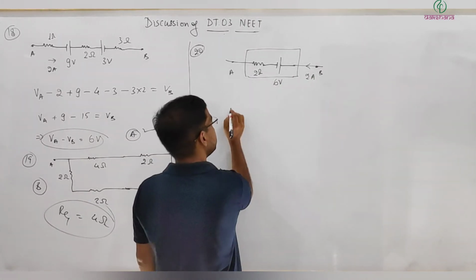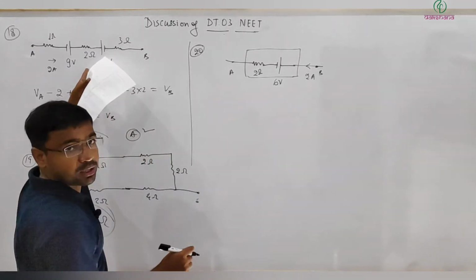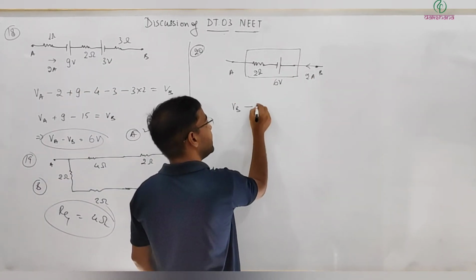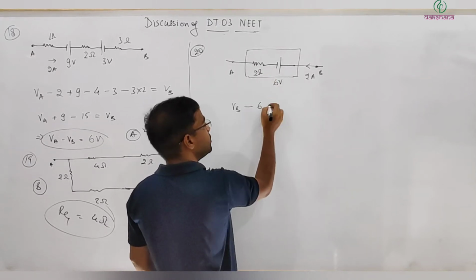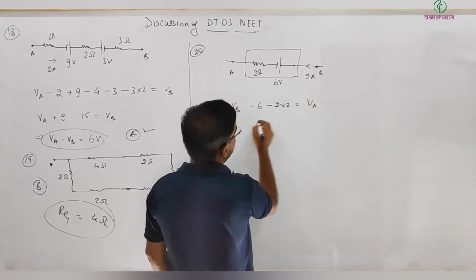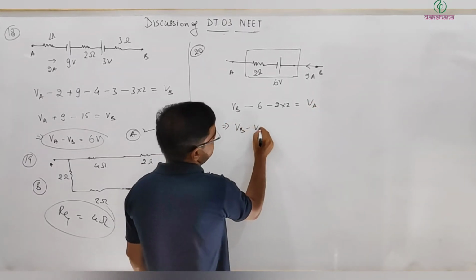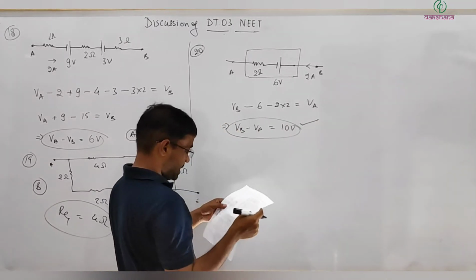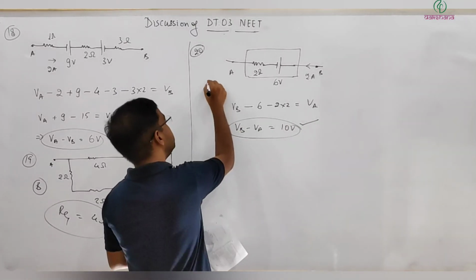We can start from here again, exactly this way. What is VB? Now if we are going, then it's minus 6, and going in the direction of current, it's minus 2 into 2 equal to VA, and this implies VB minus VA is equal to 10 volt. This is your answer, which matches with option B.